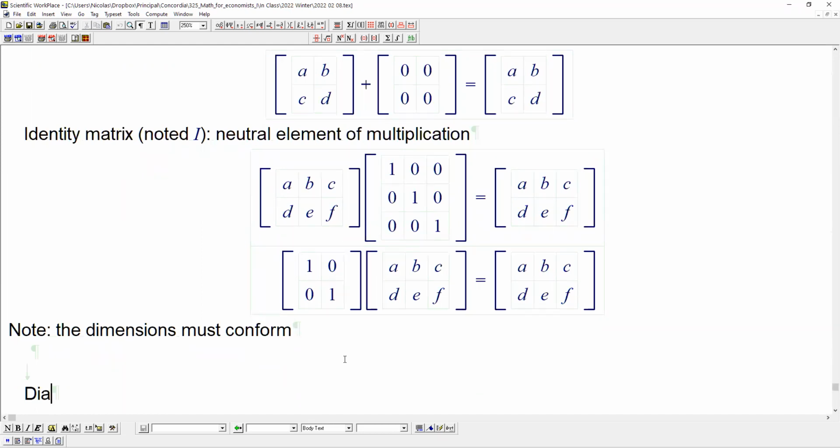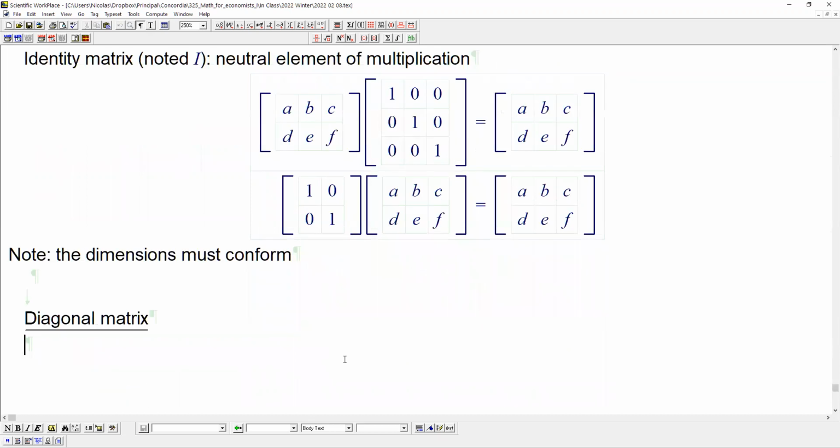Diagonal matrix. It is a square matrix with zeros, except on the diagonal elements.